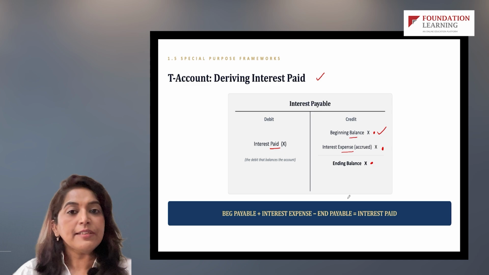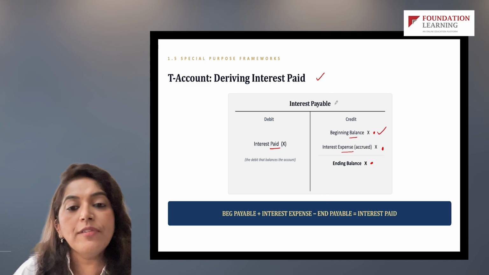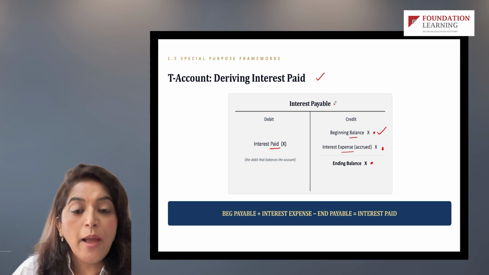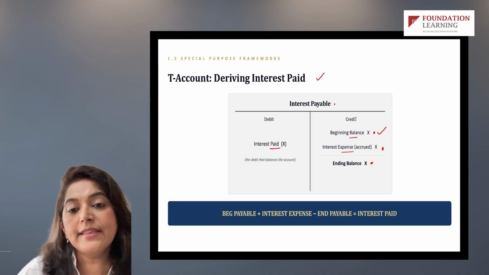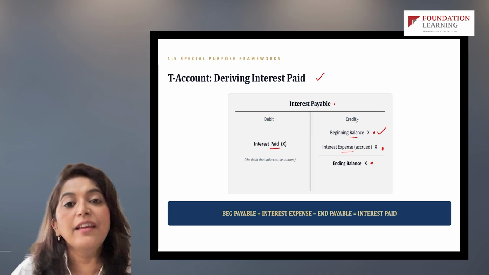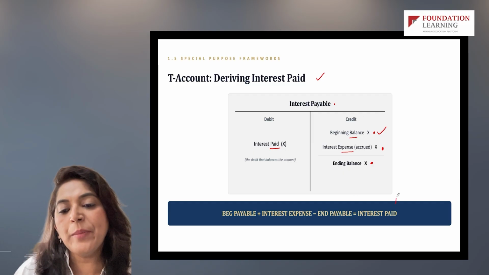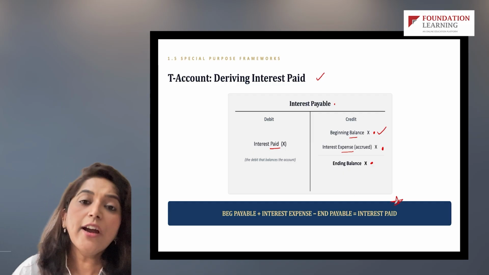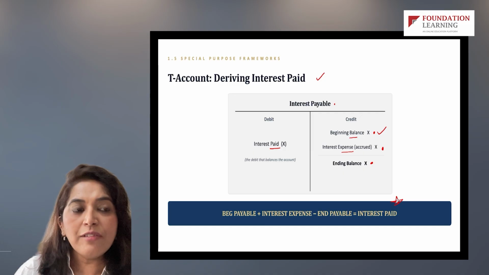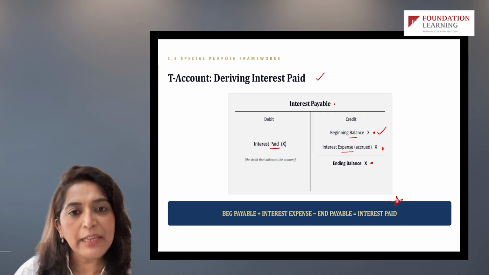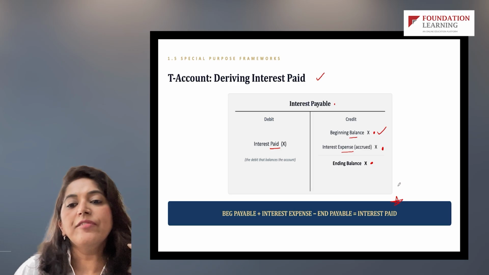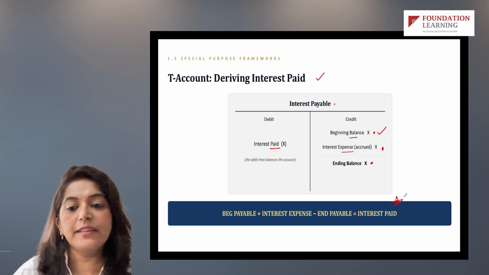The way I suggest is, you don't have to always create a T account, but if this image is readily recollectable in your mind, you won't have to remember the formulas, and with this you can always recreate them. I always suggest that you look at images and try to post them to your memory.